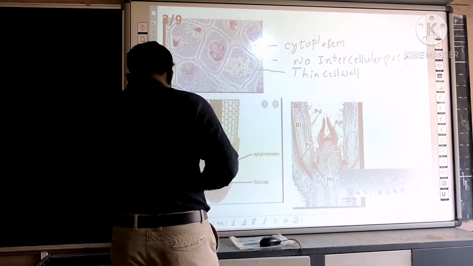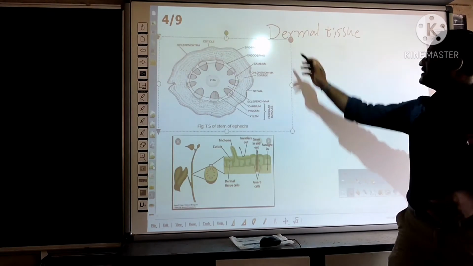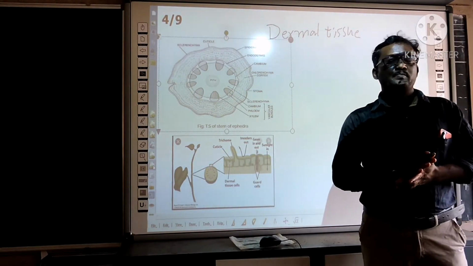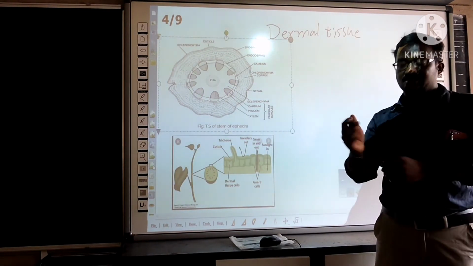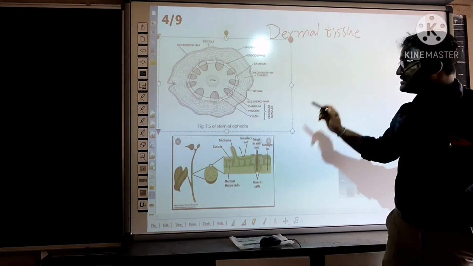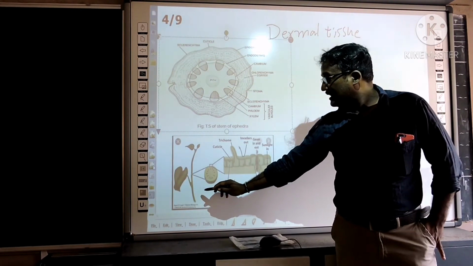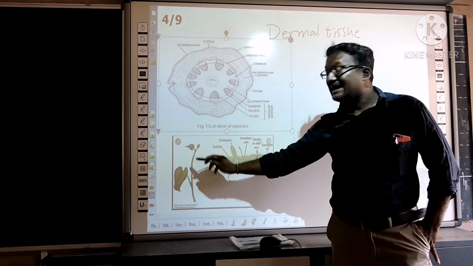Next one, the second type of tissue is the dermal tissue. You can compare the dermal tissue with the skin of our body. That means the dermal tissue is present at the outer covering of the plant body.